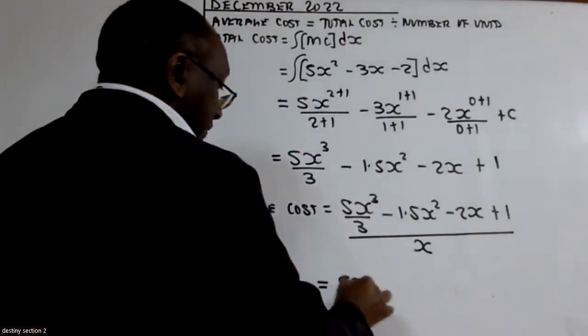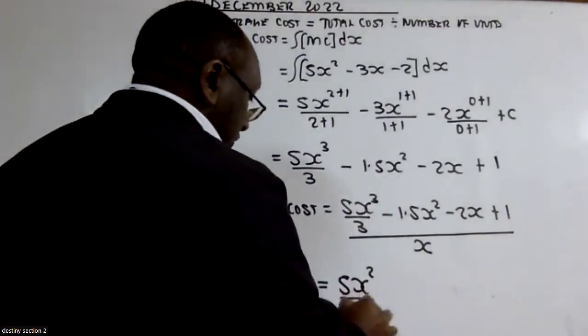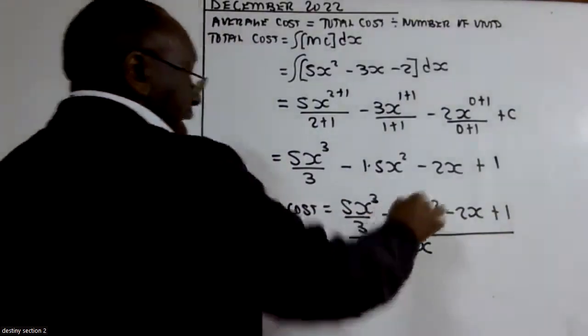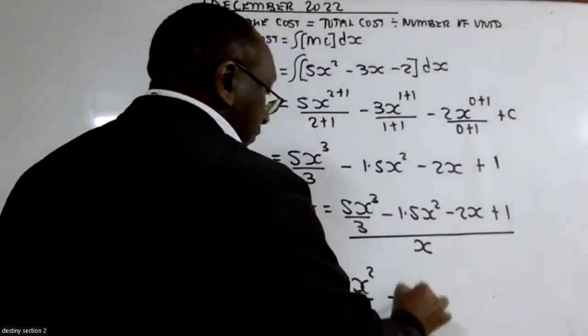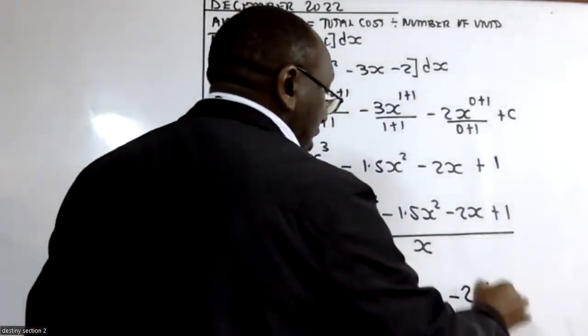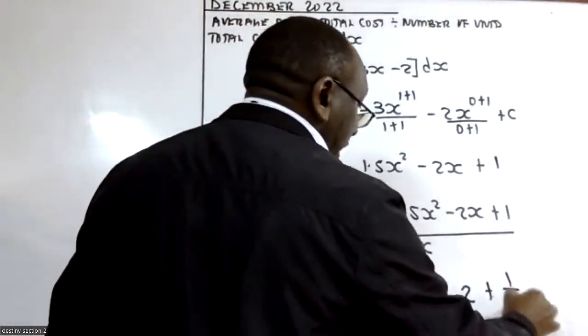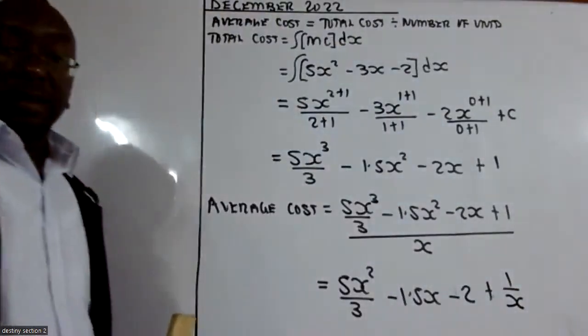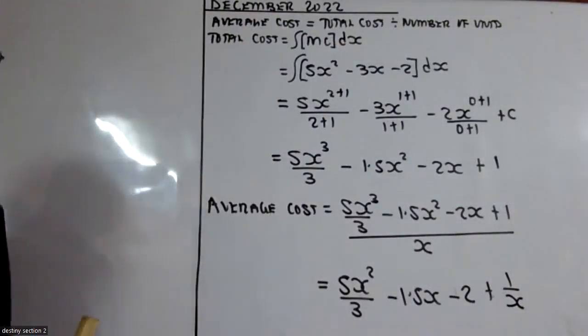You achieve 5x squared over 3, then minus 1.5x, then minus 2 remains, and 1 over x remains. So that is the average cost.